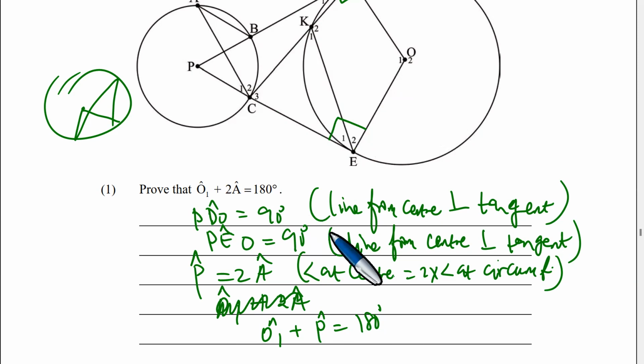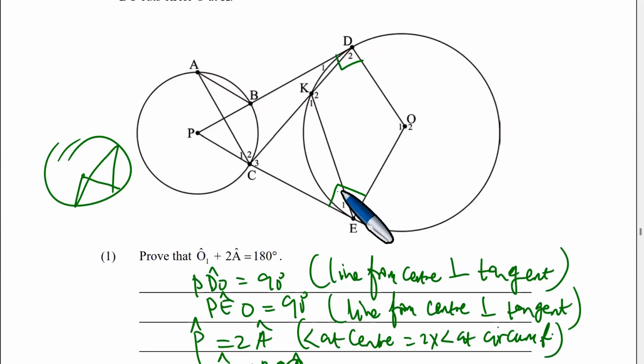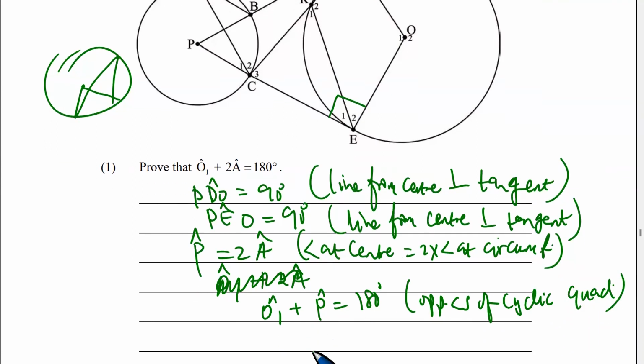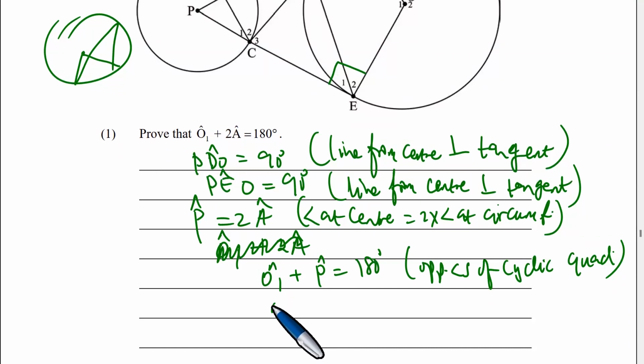Why is angle O1 plus P equal to 180 degrees? Because this is already a cyclic quad, because the opposite angles are supplementary. So even the P in this is a cyclic quad, although it affects two circles. So these are the opposite angles of a cyclic quad. So angle O1 plus P, which is twice A, equals 180 degrees. They say prove that O1 plus twice A is 180 degrees, and we've proven that exactly. Next question.